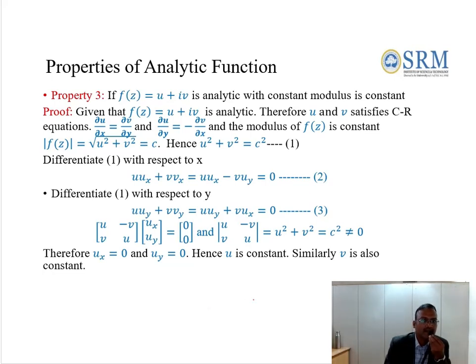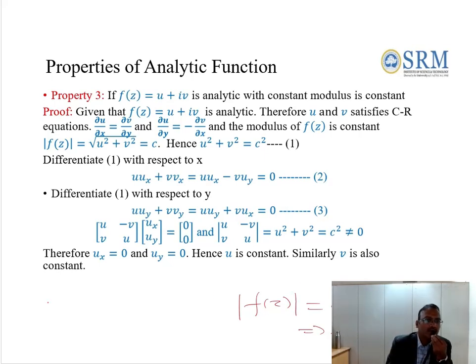What it says is, we have f of z and the modulus of f of z equal to some constant, then the function f of z is a constant. Given that f of z is analytic, u and v satisfy the CR equations.